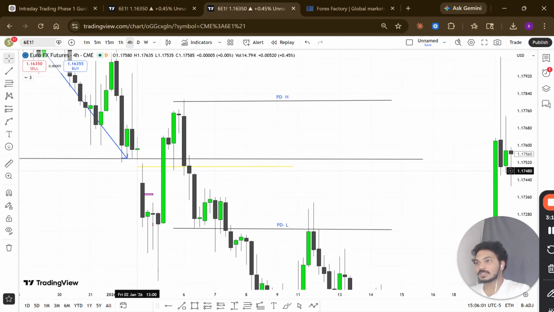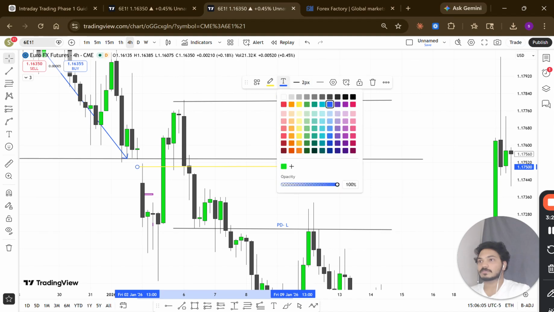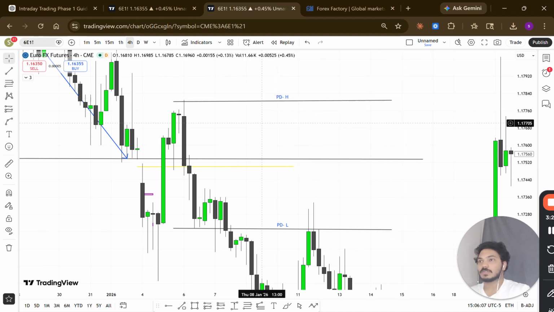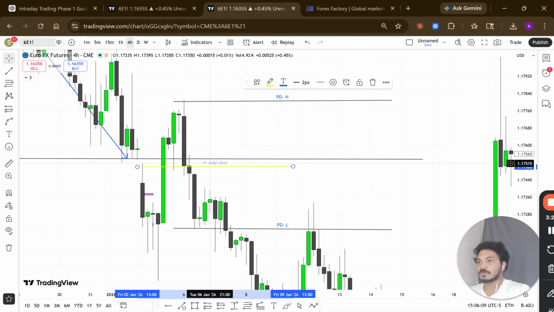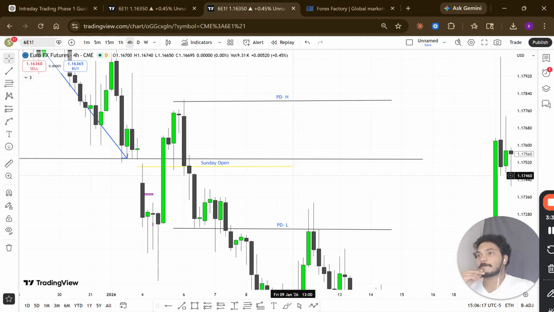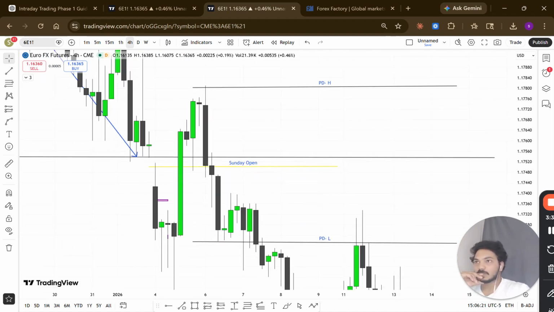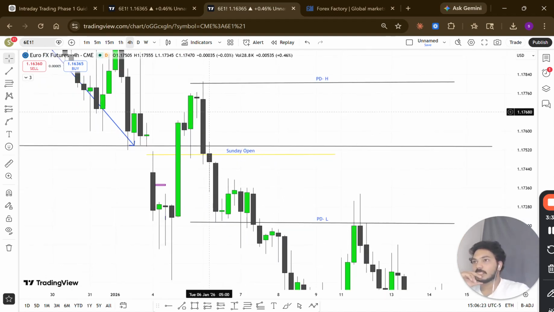This is the Sunday open price. It made a high the previous day.